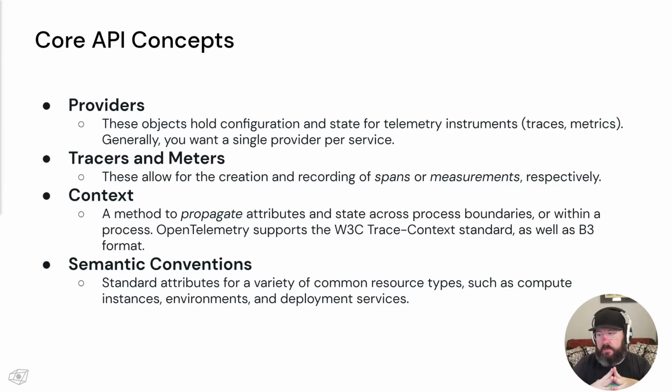Between processes, one of the big important things for a trace is that I have service A and I have service B. When an RPC call goes from service A to service B, I need to have an identifier that says, hey, this is service A's trace ID, and this is the span that came before you, so that when service B creates a new span, it can say, okay, I'm part of this trace, and that span was my parent.